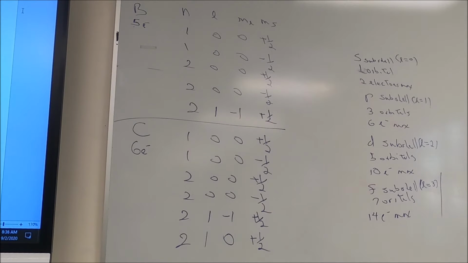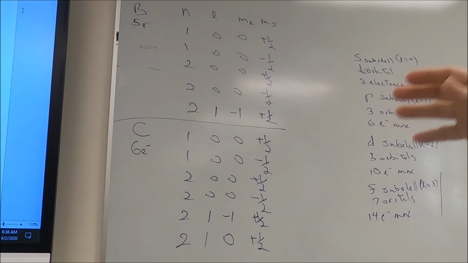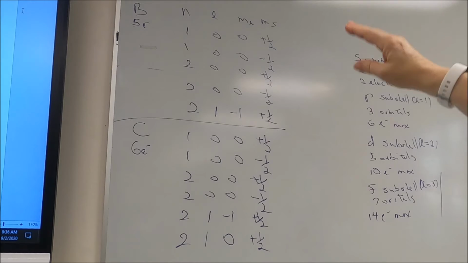Okay? So, electrons go in one at a time before they double up. Now, I'm going to show you this again with Hund's rule in just a second when we talk about box diagrams.